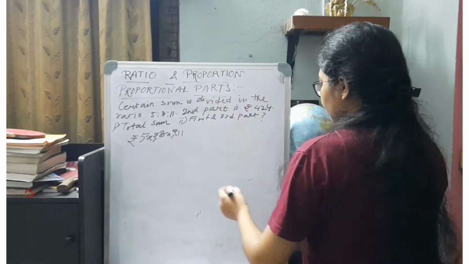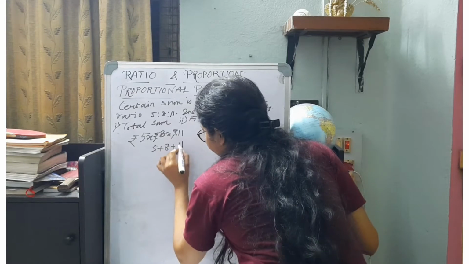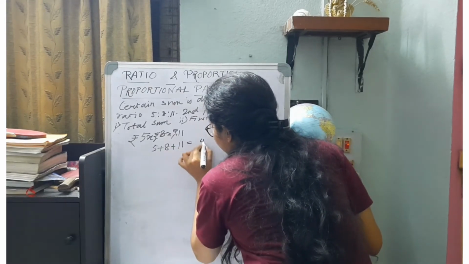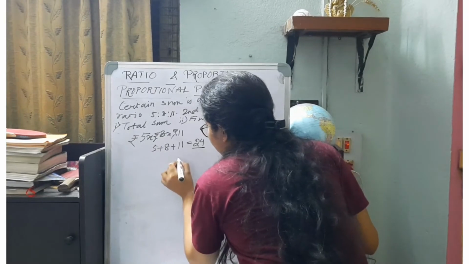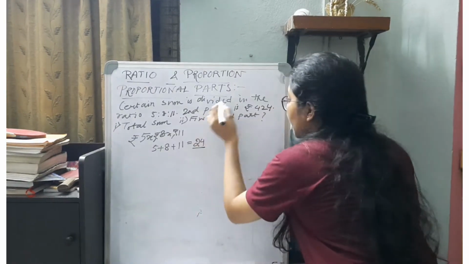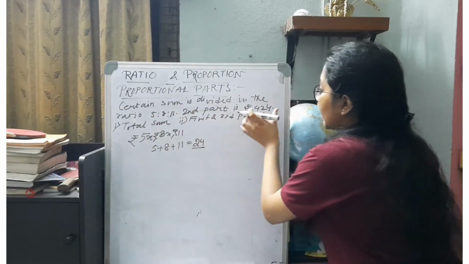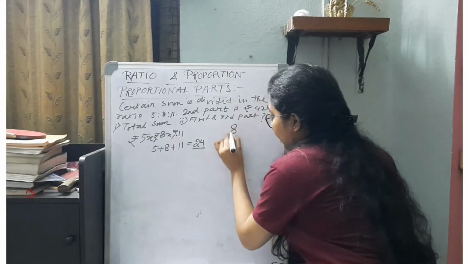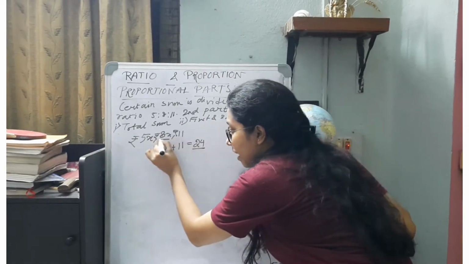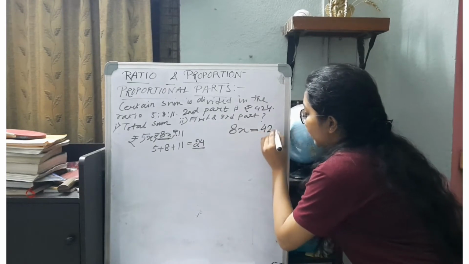Now, 5 plus 8 plus 11 is 24, and it has been given that the second part is 424. That means 8x is the second part, so the value of 8x is 424.